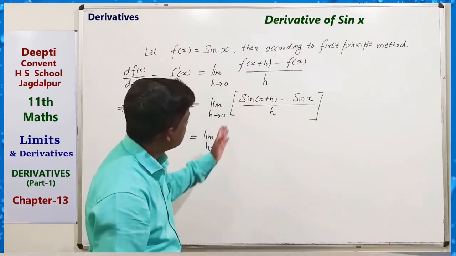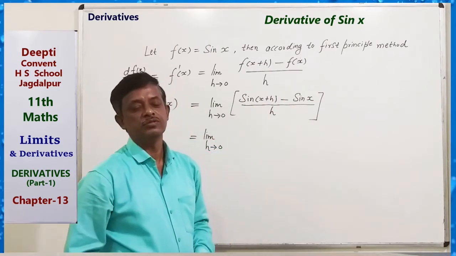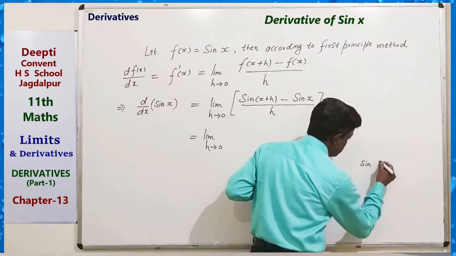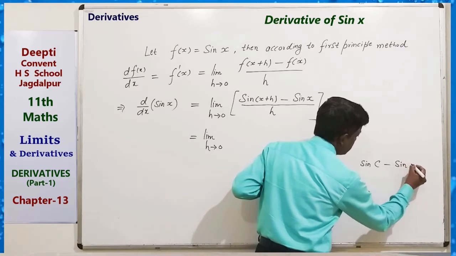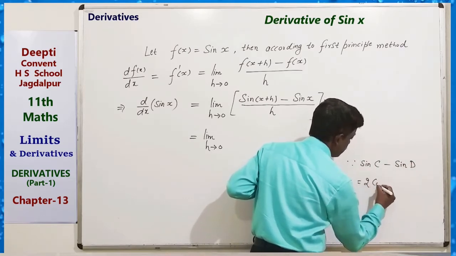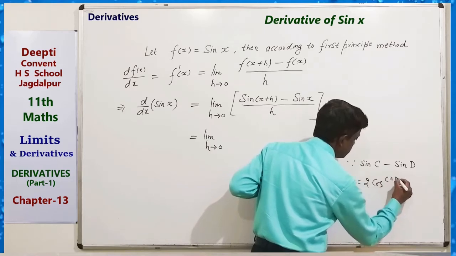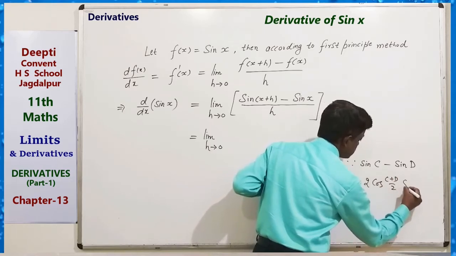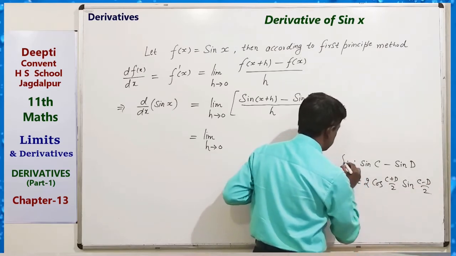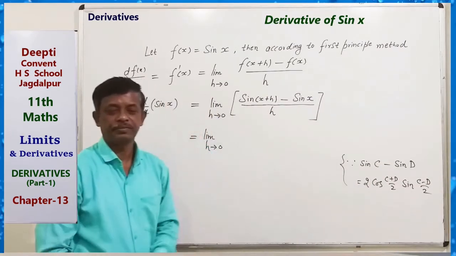Here a trigonometric formula can be used. sin c minus sin d is equal to 2 cos((c plus d) by 2) sin((c minus d) by 2). Just this.